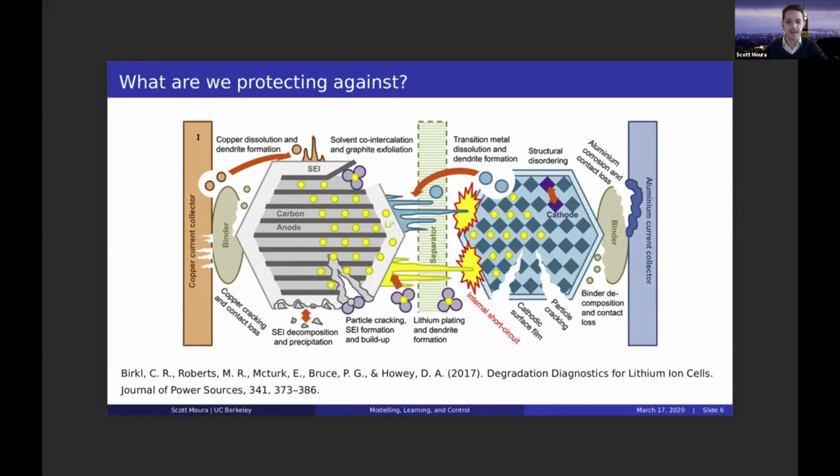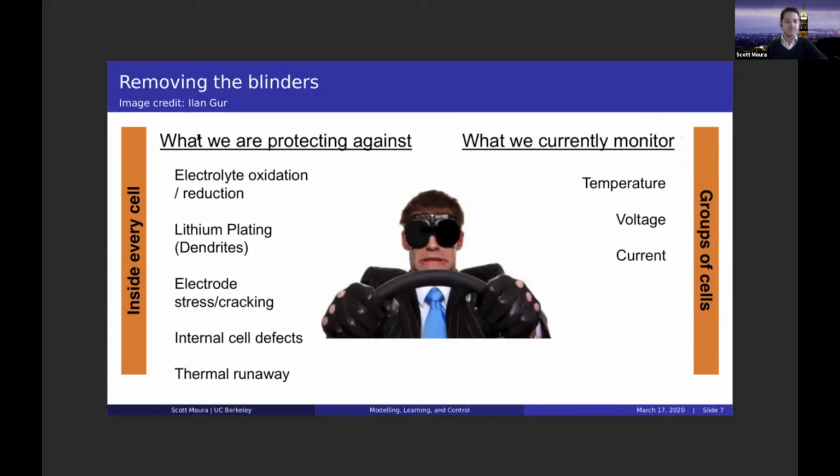Everything from SEI formation to lithium plating to dissolution of materials and so forth. Now, I particularly like this figure from Alon Gore, who was previously program director at ARPA-E in this AMPed program and is currently director of Cyclotron Road, now called Activate.